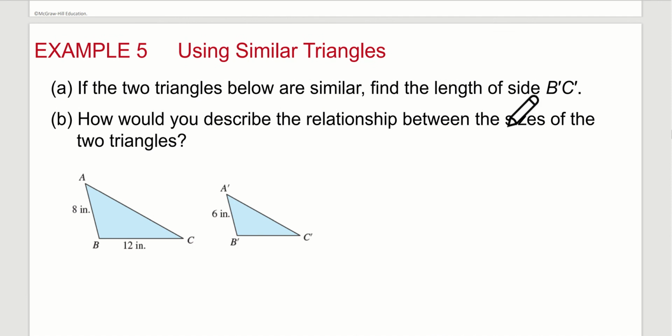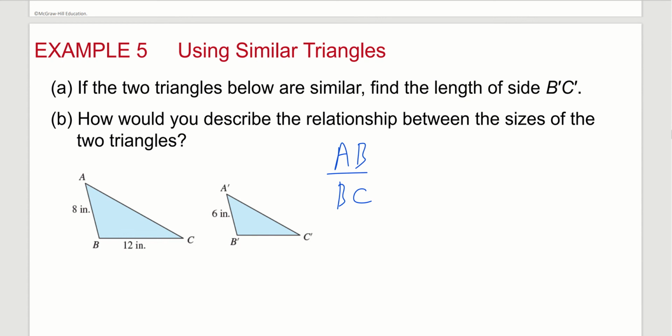For example, in question A, it says if two triangles are similar, find the length of side BC. Well, we know the length of side AB, and we know the length of side BC.